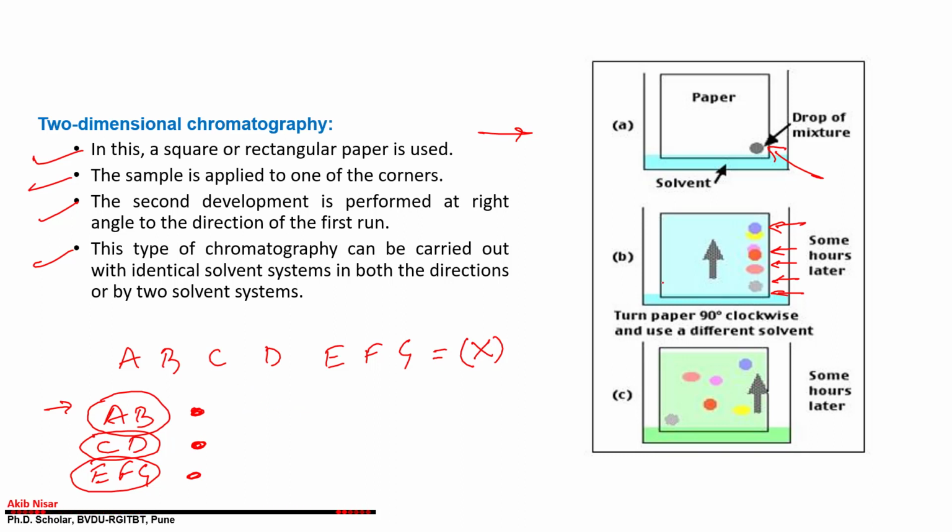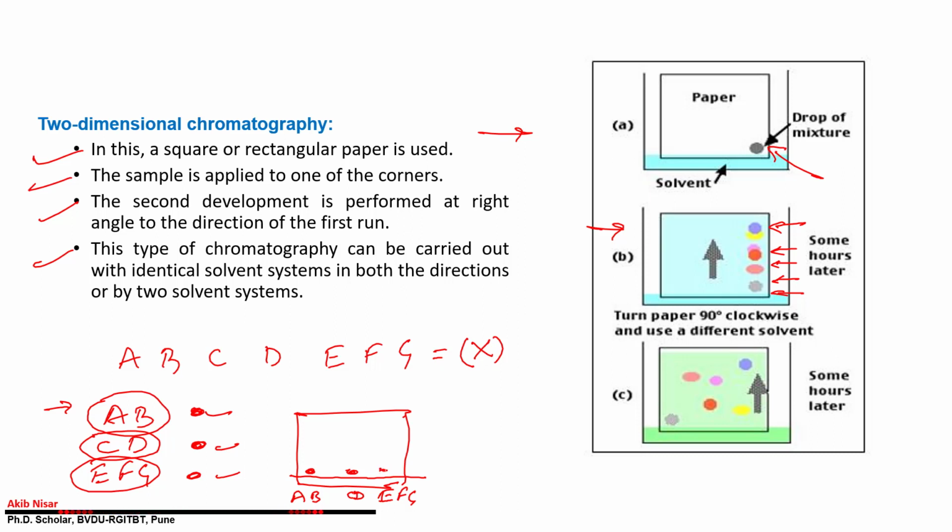Here you rotate your paper 90 degrees clockwise, and you put your paper again like this. Now your spots A, B, C, D, E, F, G are here: three spots, A B, C D, and E F G. Now you run the same chromatogram again with a different solvent.